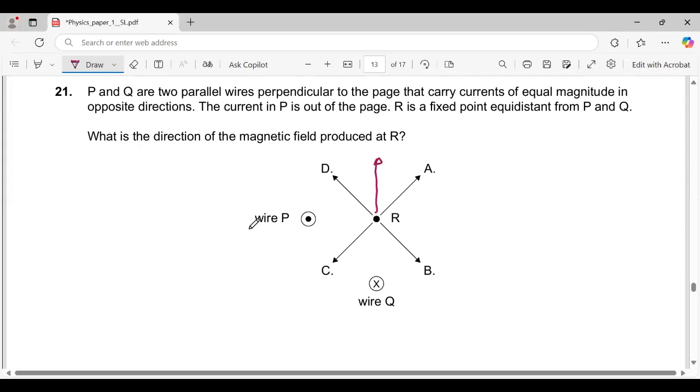Okay, from wire P. Now wire Q, based on the right-hand rule, the effect for point R, the magnetic field direction is to the right. So the final direction is this one, A.